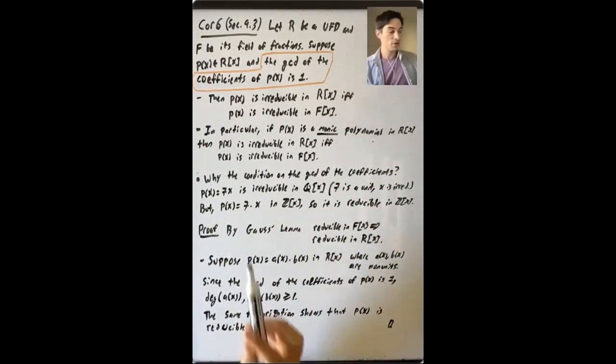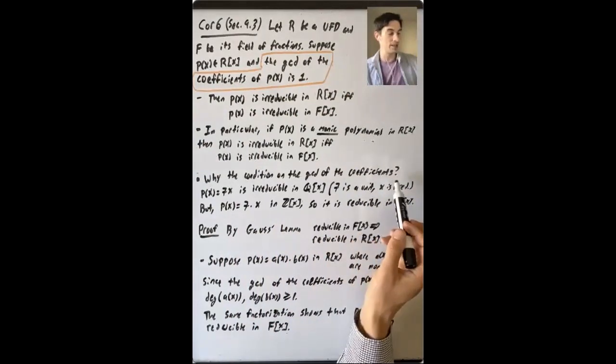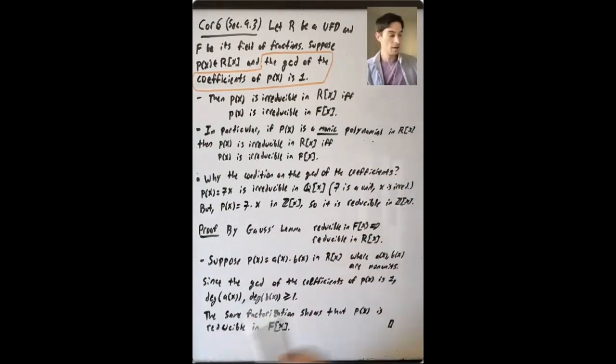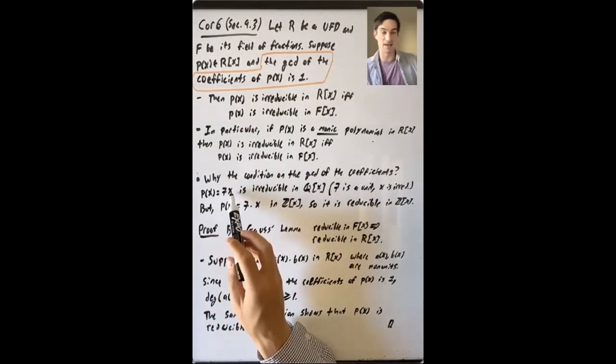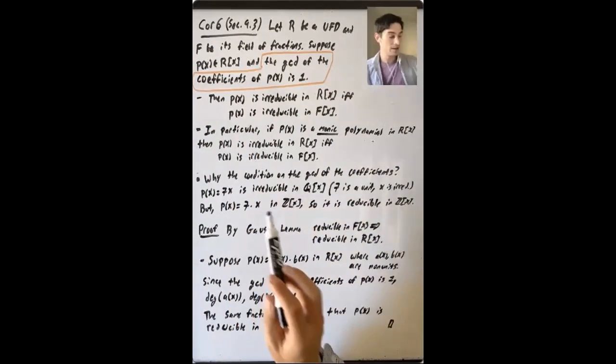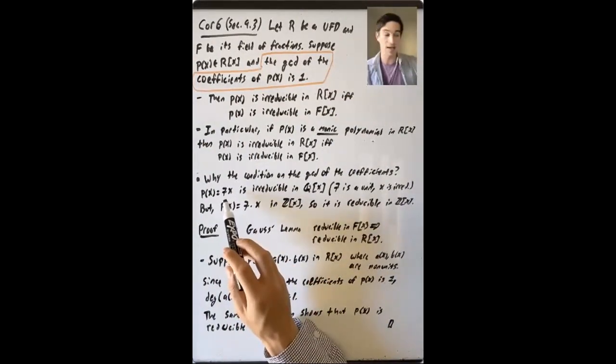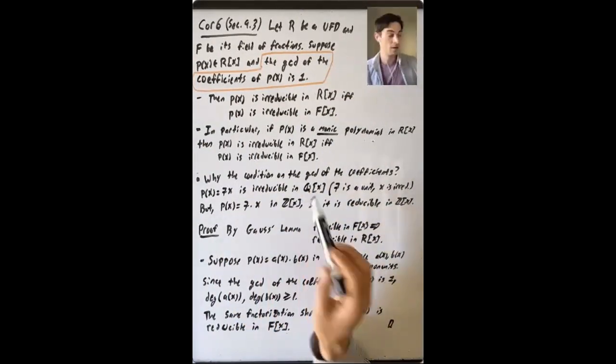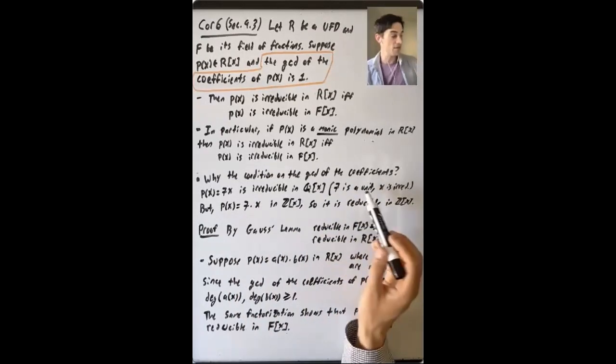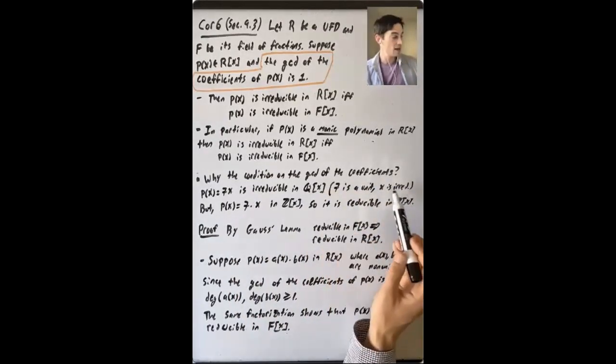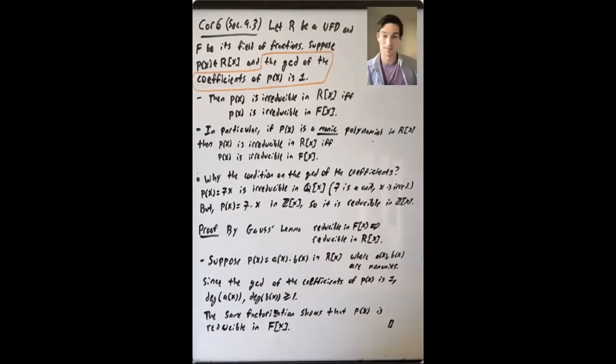All right, so first, why is this condition on the GCD of the coefficients there? Well, let's think about an example like P of X equals 7 times X. This has coefficients in Z[X]. You can think of it as an element in Q[X], and it's irreducible. Why? 7 is a unit in Q[X], and X is irreducible. So it's a unit times an irreducible element.